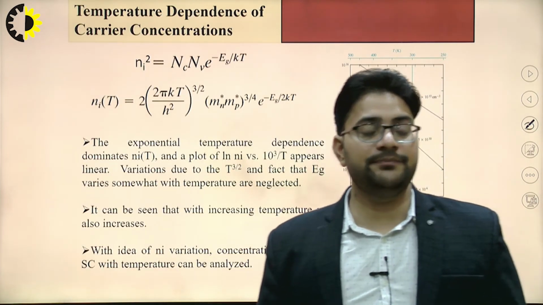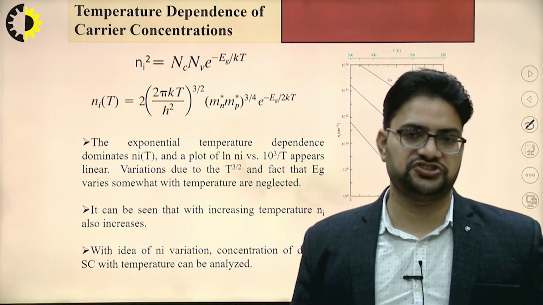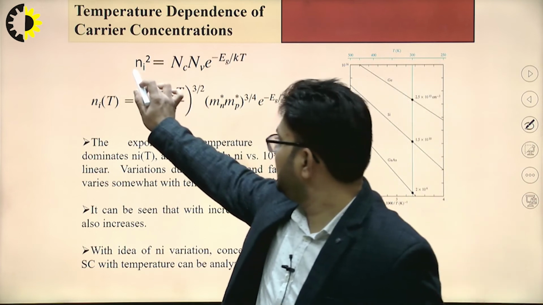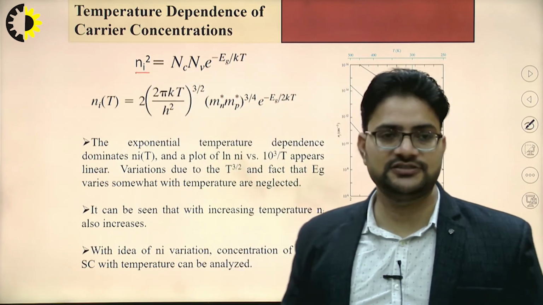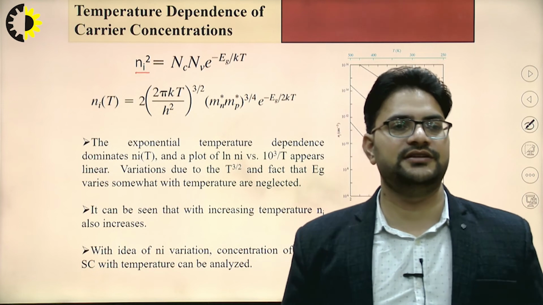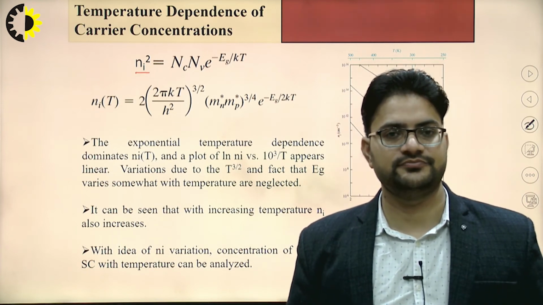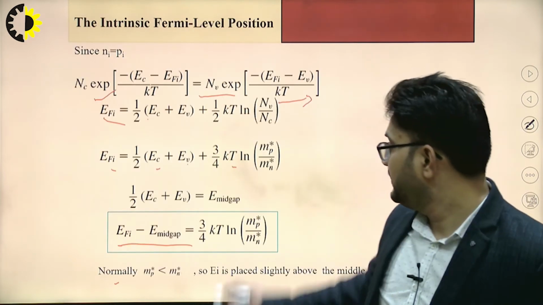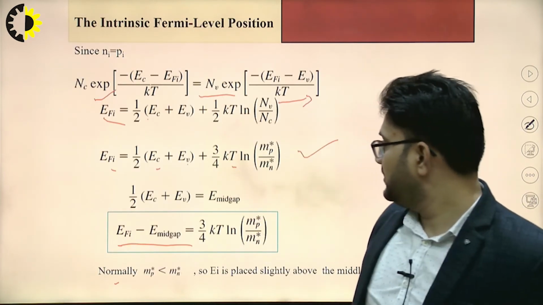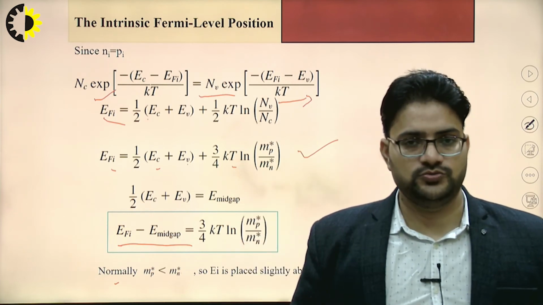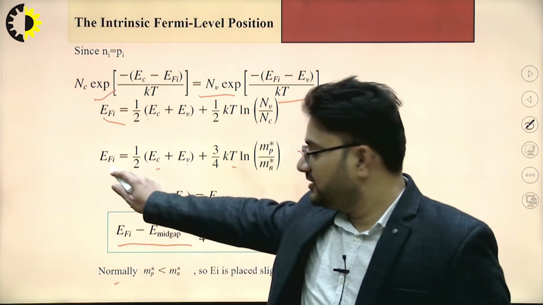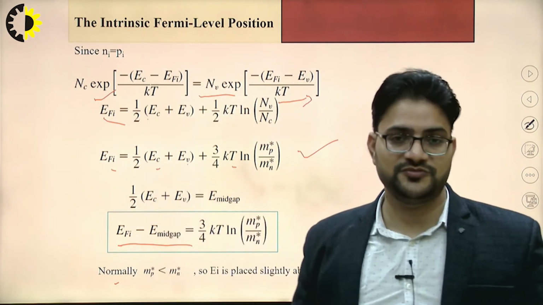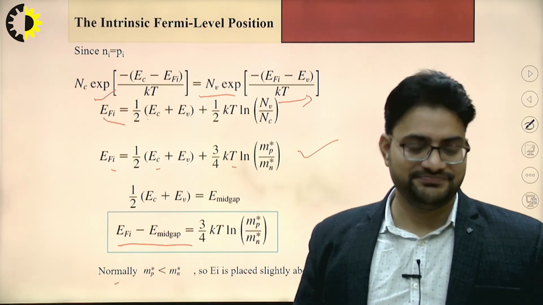Now, temperature dependence of the carrier concentration. We had discussed that Ni is equal to square root of Nc into Nv exponential of minus Eg divided by 2kT. One more thing that I want to add is, in this mathematical expression, if temperature is equal to 0, the Fermi energy level for the intrinsic semiconductor will be Ec plus Ev divided by 2, which is exactly at the mid gap.